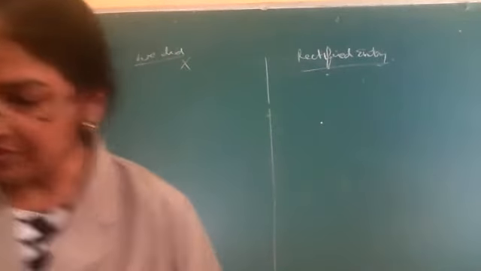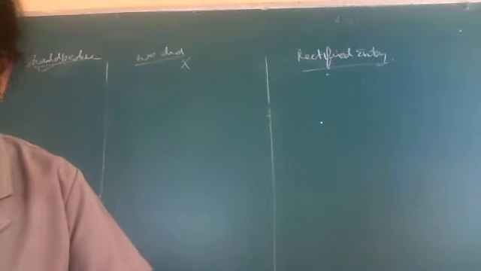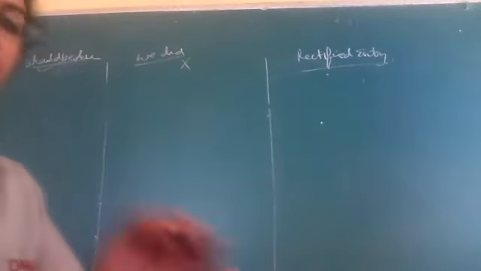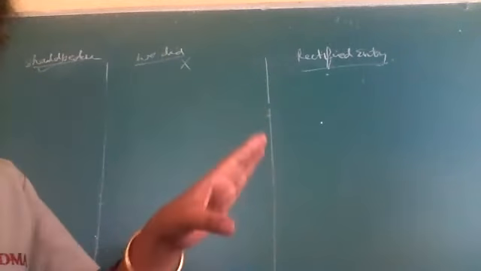So the transaction is given: goods sold to Ram has been wrongly passed through. If the language is given as passed through, that means the whole entry is wrong.